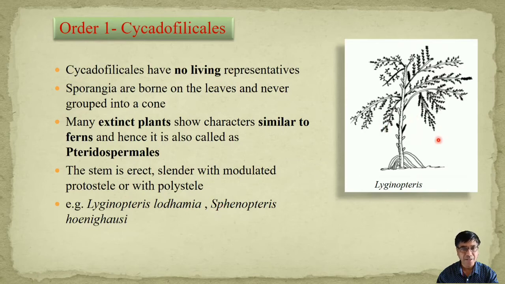The stem is erect, cylindrical with a protostele. Protostele means the stele forming a solid rod with the phloem surrounding the xylem, or with a polystele, means a stele consisting of a number of vascular units. For example, Lyginopteris.